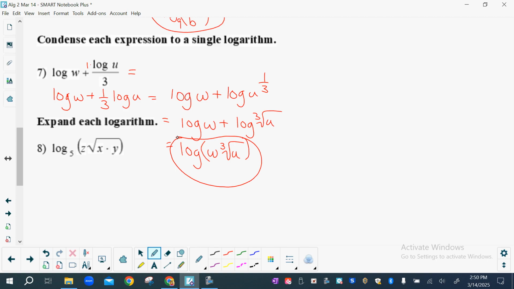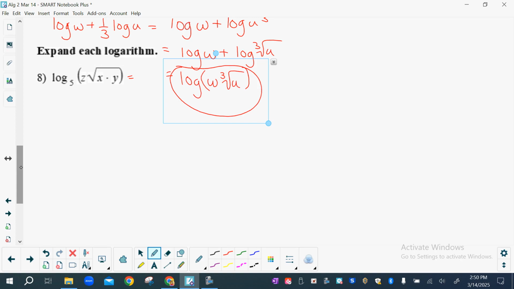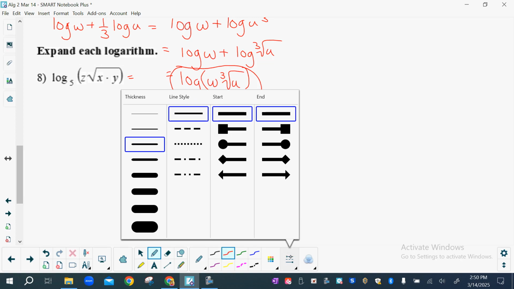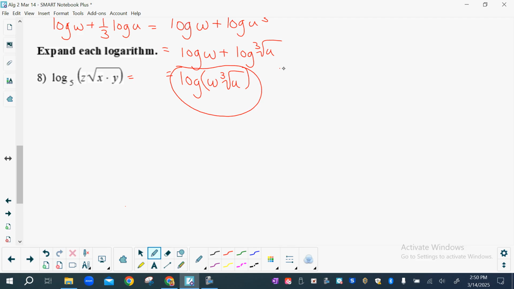Okay, last one. We want to expand this one. So when we expand, we go from 1 to writing several of them. So we've got to do something with that square root. What do we do with that? Square it. What's the exponent become?